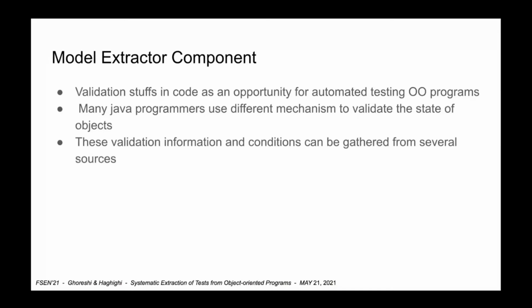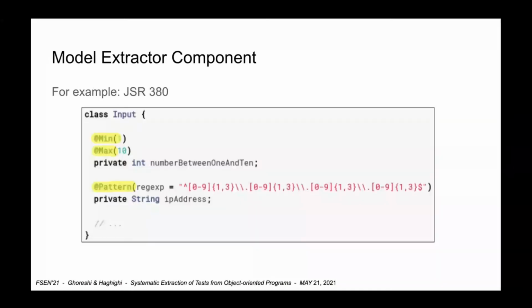For example, JSR 380 is a specification of the Java API for object validation, which uses some sort of annotation to validate objects. It's very common and widely used, and frameworks like Spring support these annotations.